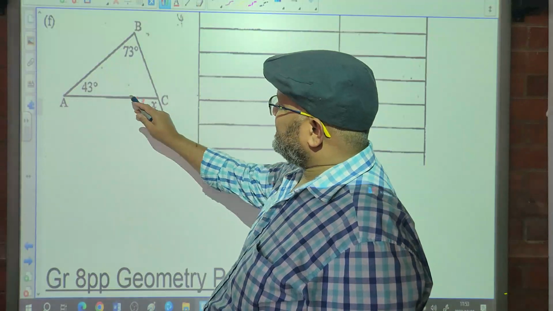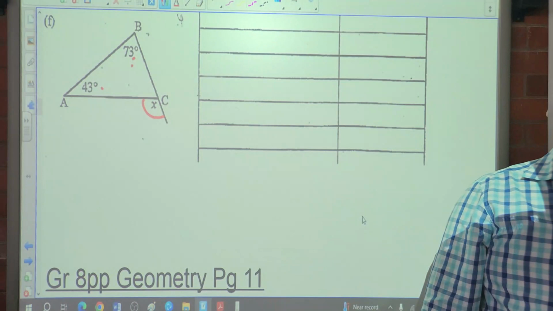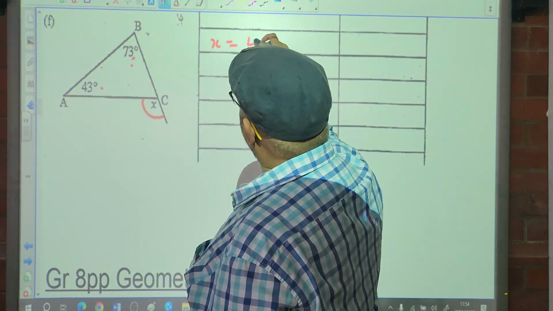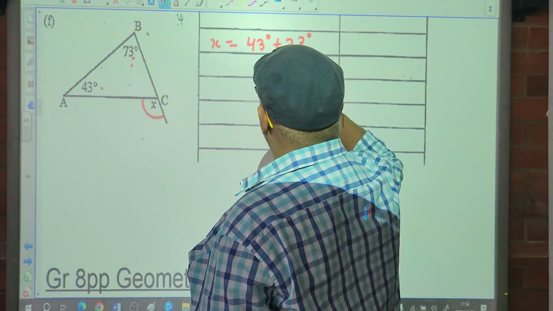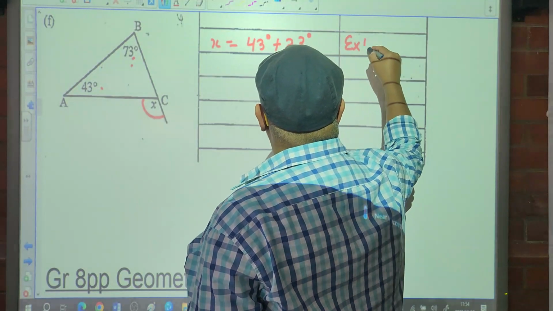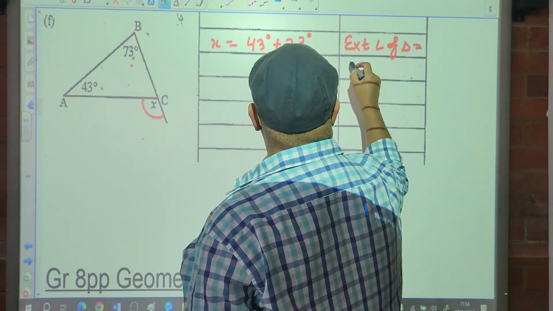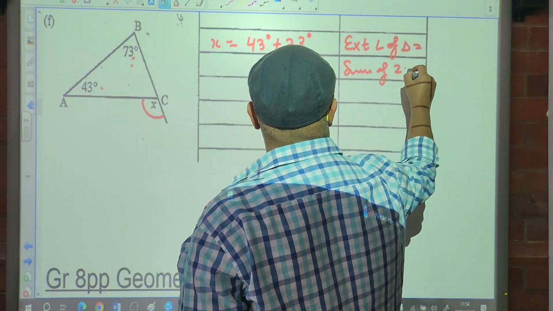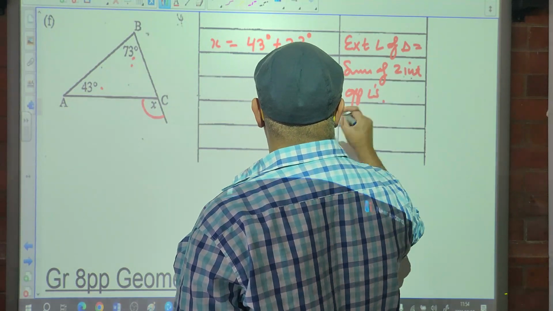We said exterior angle is equal to the sum of the two interior opposite angles, not so? So what do we say? x is equal to 43 degrees plus 73 degrees. Why? Exterior angle of triangle is equal to the sum of the two interior opposite angles.